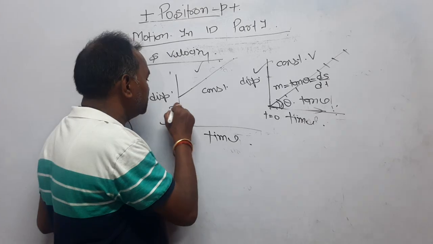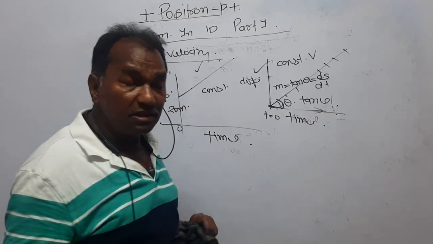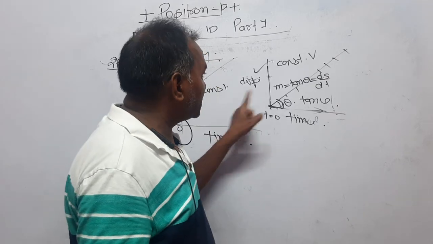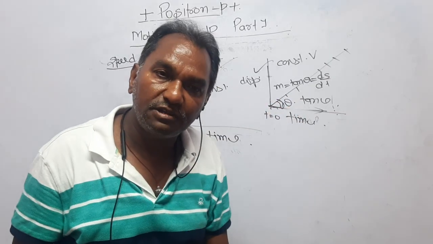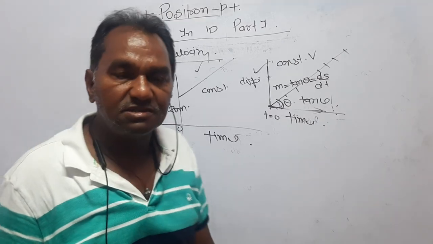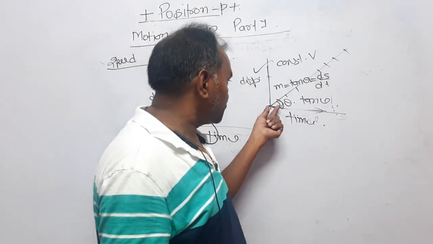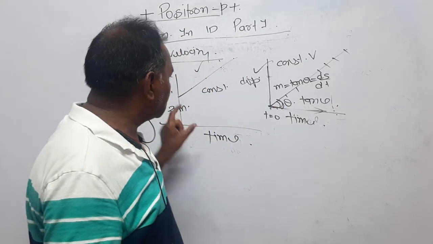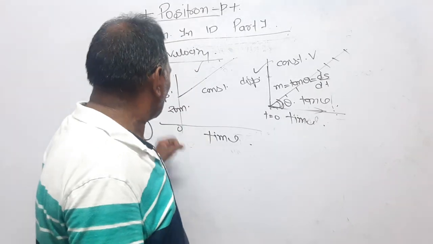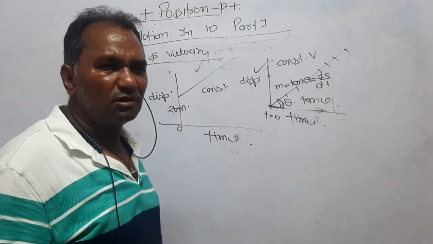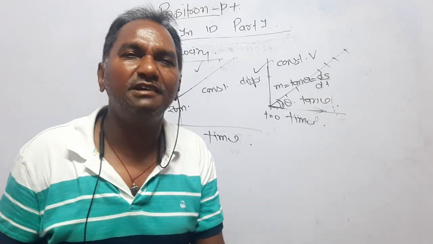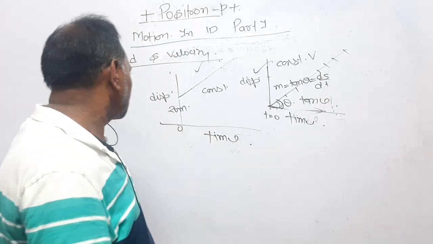Let it be 20 meters. The similarity is that both are moving with constant velocity, but in this case the body begins its motion from the origin, and in this case it does not; even at t equal to 0, it was some 20 meters away from the origin from where it begins its motion.